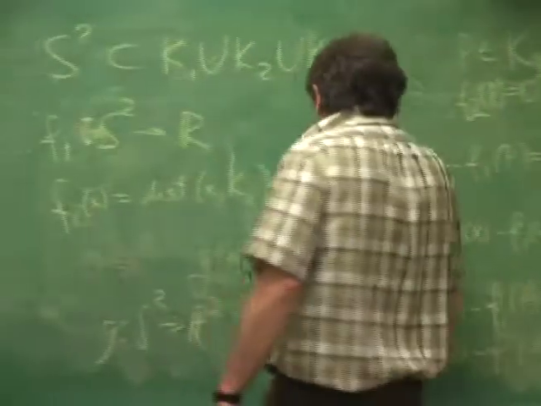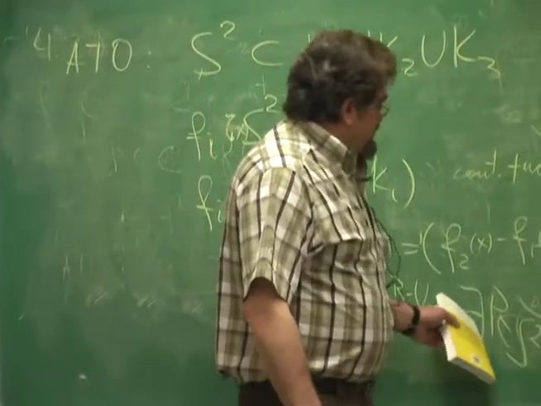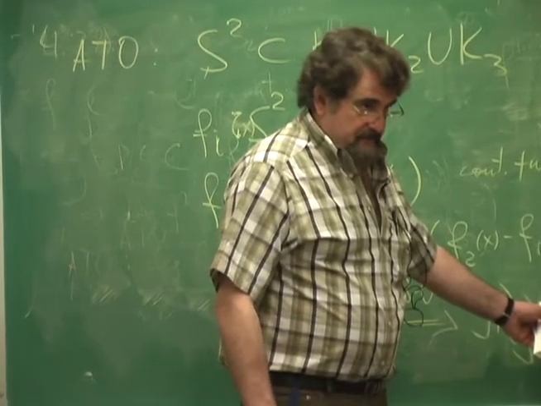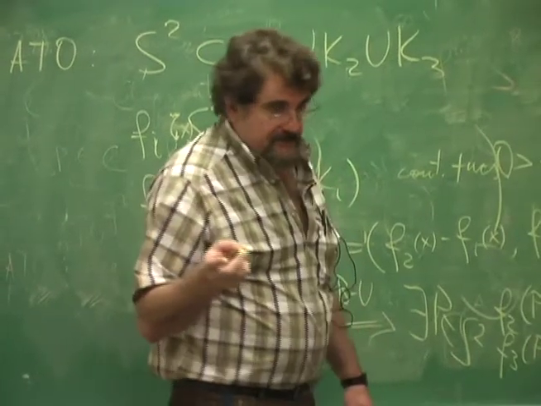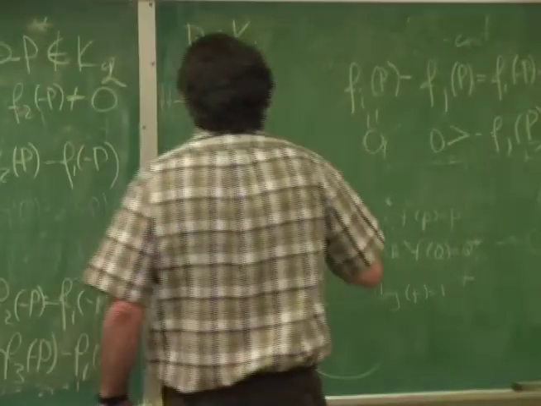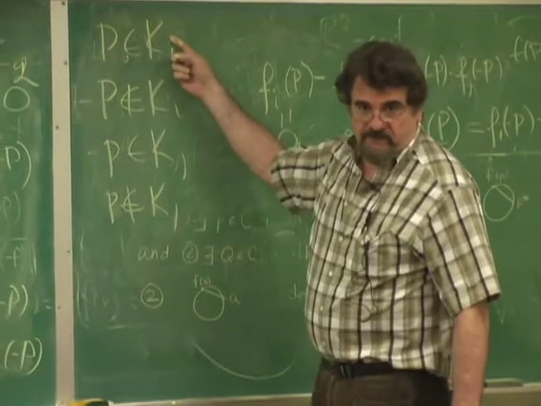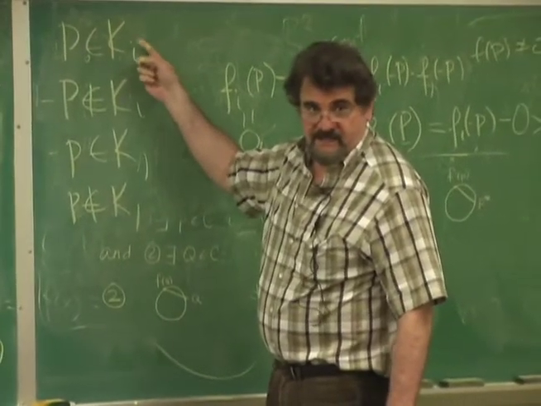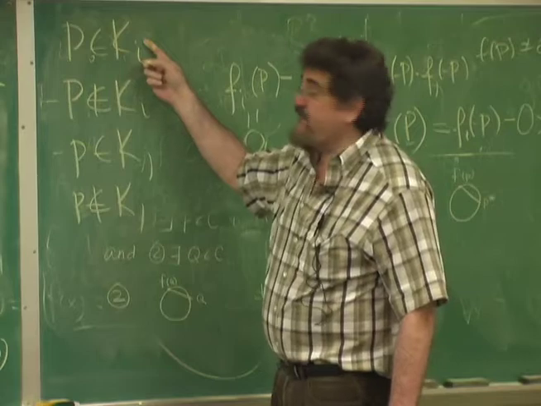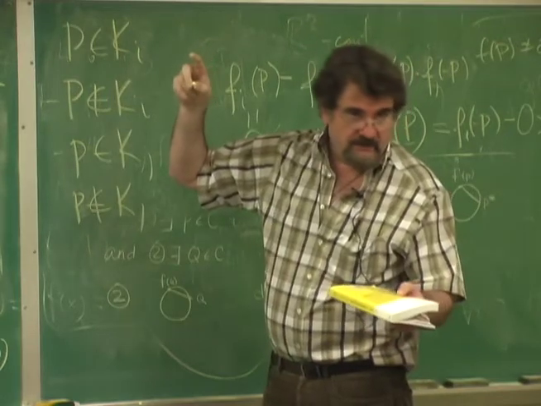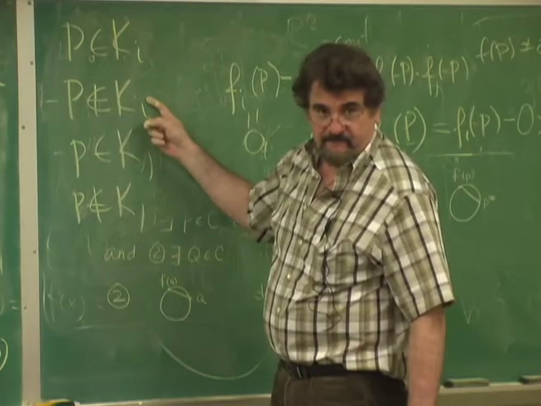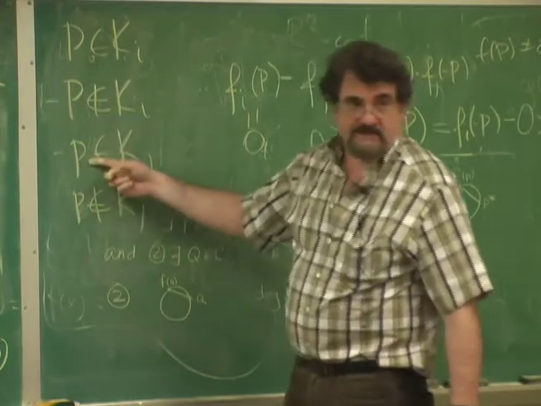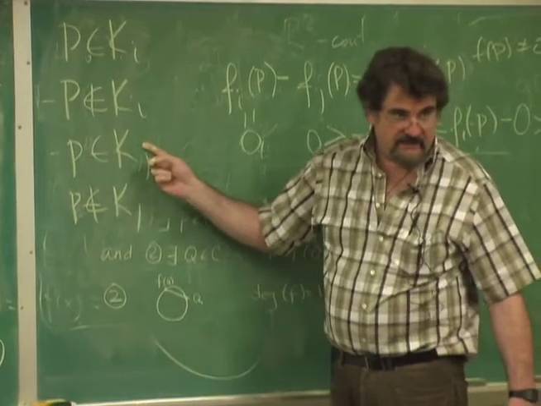So again, Borsuk-Ulam guarantees us that there will be such a point P. So we have point P and point minus P. P must be in one of them. Call where it lives Ki. But since Ki cannot contain two antipodal points, minus P is not in Ki. But minus P must also be somewhere, in Kj.